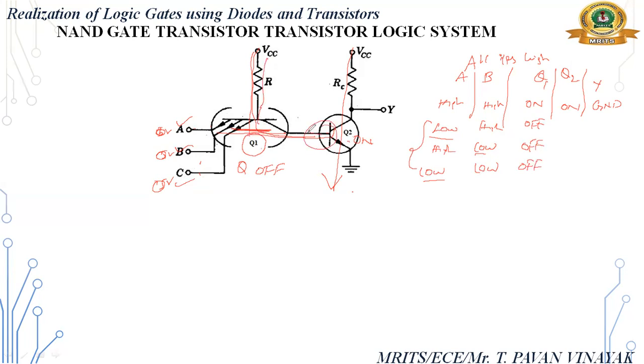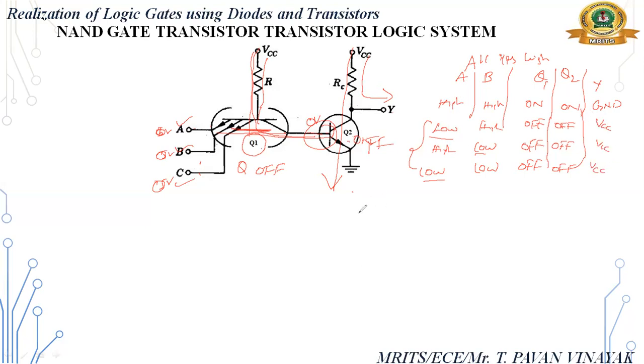The voltage we get here is 0 volts. Then Q2 will be off. When Q2 is off, what is the output? Output is VCC.